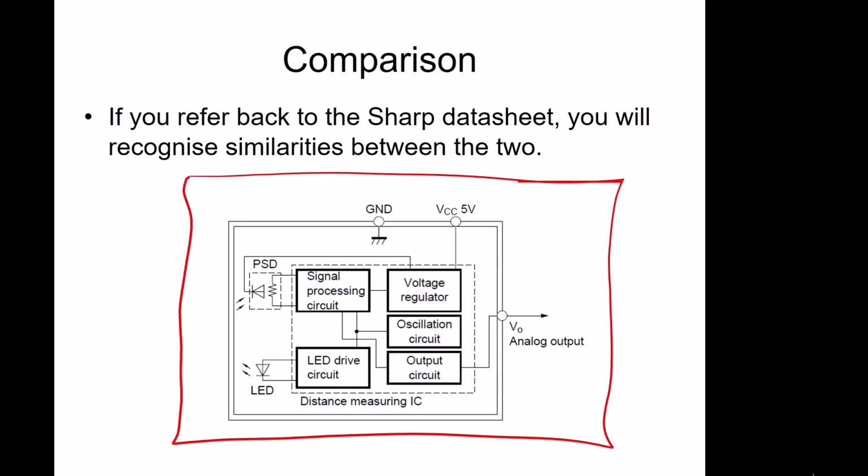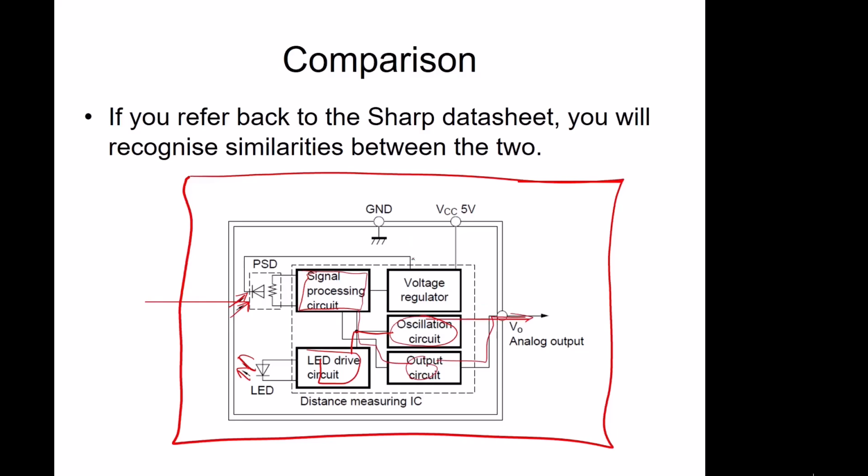What we've got is an oscillation circuit. So we're producing this oscillating signal which is driving our LED to produce the light. And then that light gets reflected, measured on some detector, which then goes through some signal processing, which in our case is a bandpass filter, before it gets through to some final circuitry to be amplified and output.